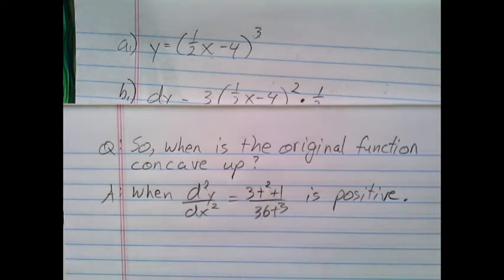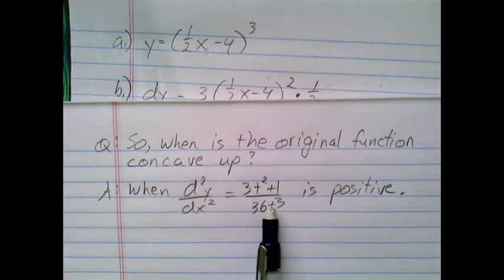The top is always positive, which means the bottom is going to drive this bus. This fraction is positive if and only if the denominator is positive. But t cubed is positive only when t is positive. If you cube a negative, you get a negative. So it's concave up exactly when t is positive.